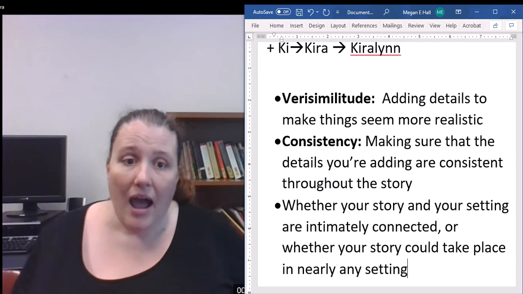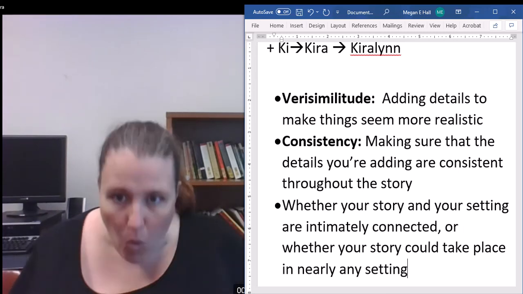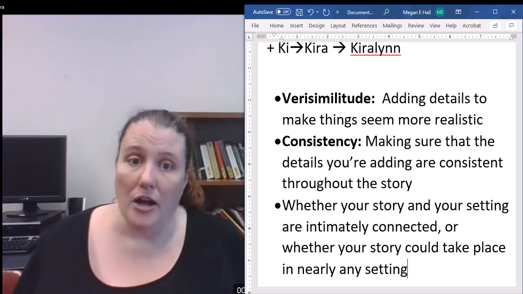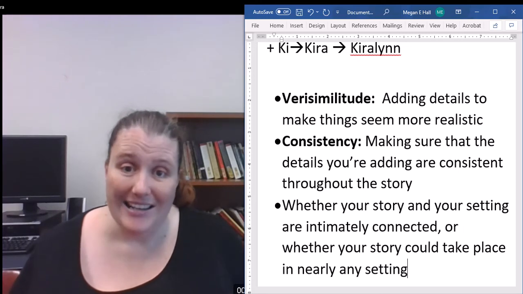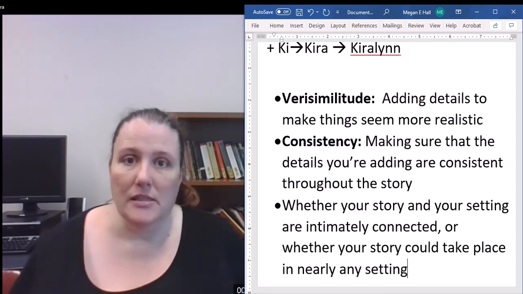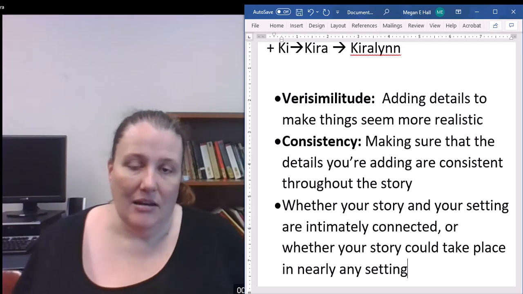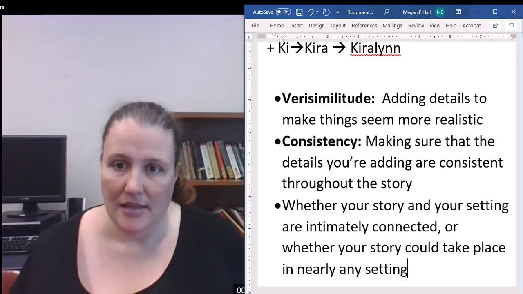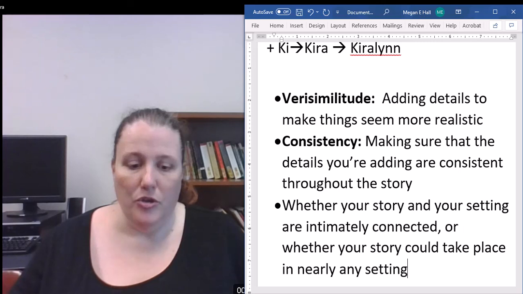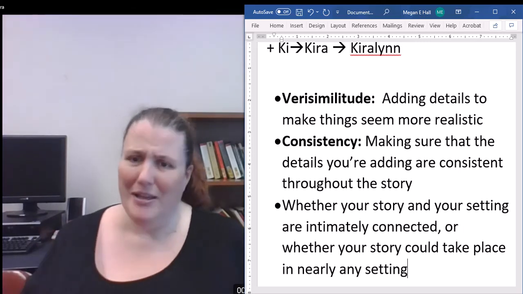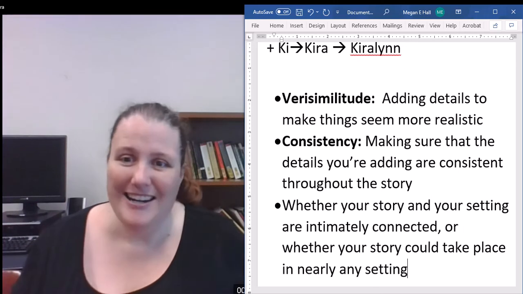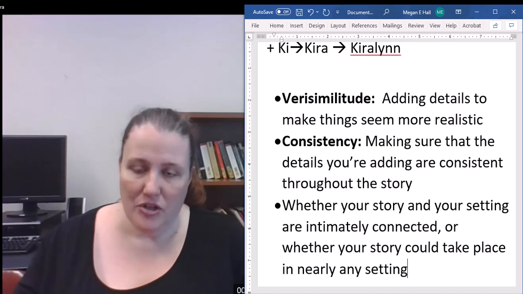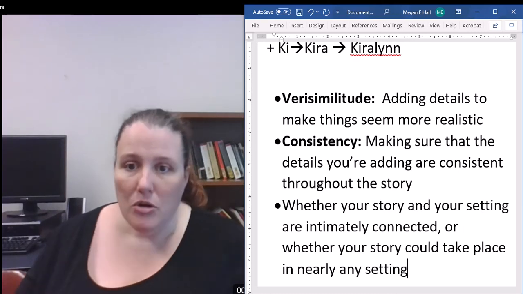But if you have a story that can only take place in one particular setting, you might want more setting details in there. You might want to really work on that verisimilitude, adding those details to make it seem more realistic. So, for example, if you have a Western and it is set in Nevada during the gold rush, I want those details of that setting, right? If you have prospectors and it can't happen in any other place or time, then make sure that you have a lot of description about the environment, maybe some imagery woven in there.